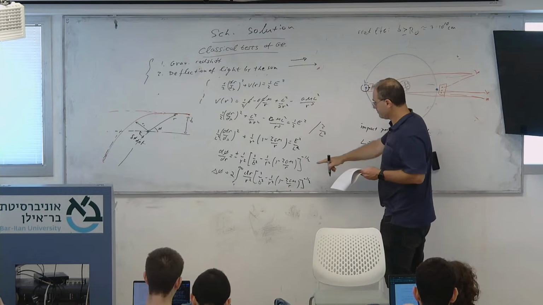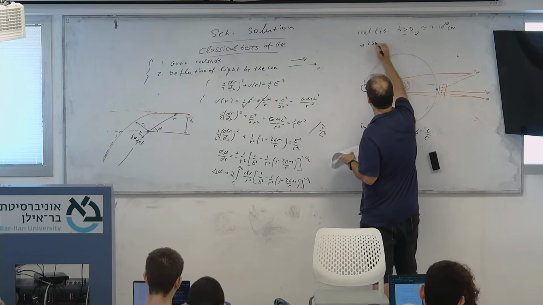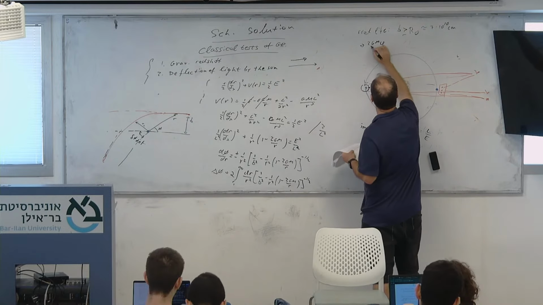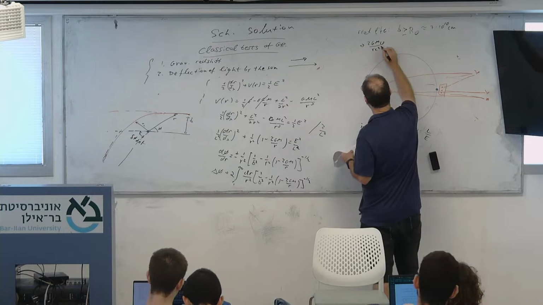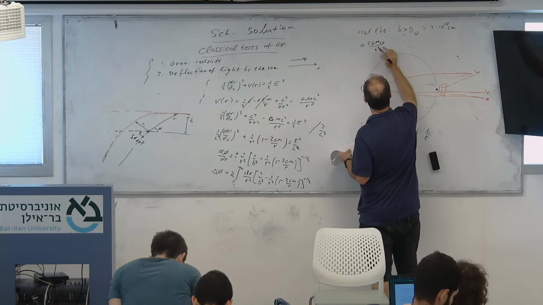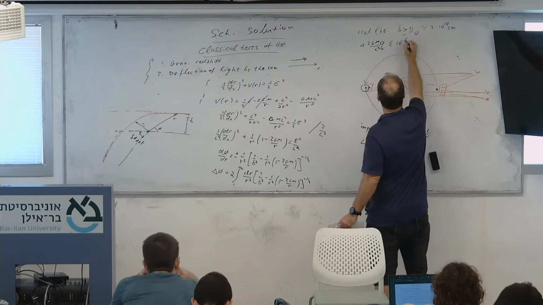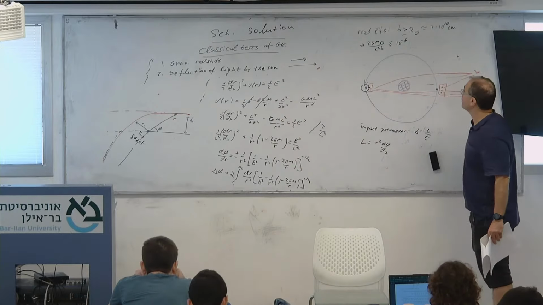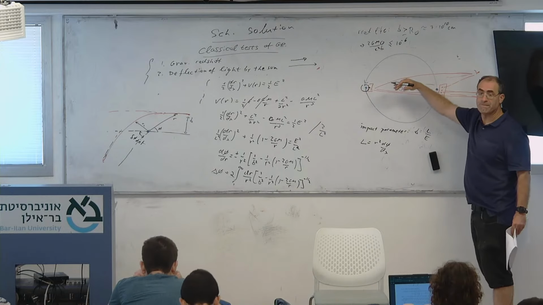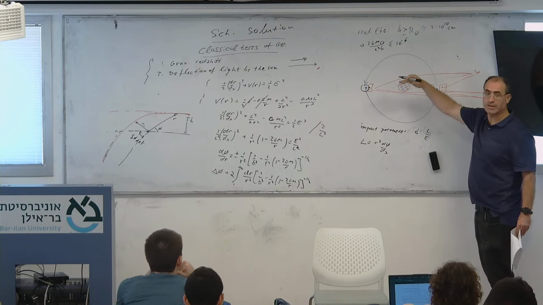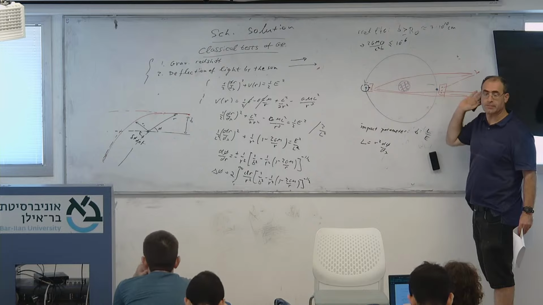Which means that 2GM of the sun over R c squared has to be smaller than something like 10 to the minus 6. So the deflection is actually very small, practically, when it comes to the sun. Do you follow what happens here?